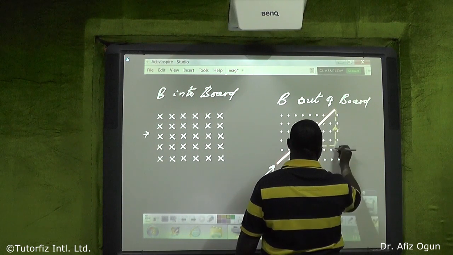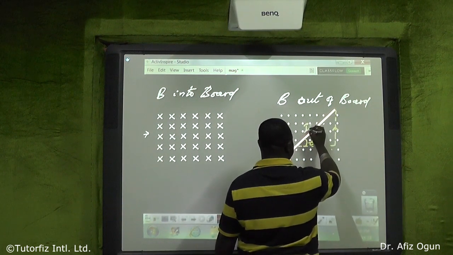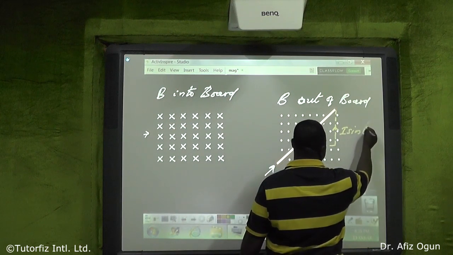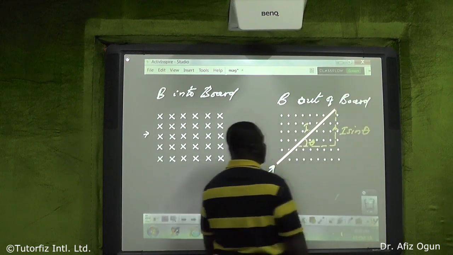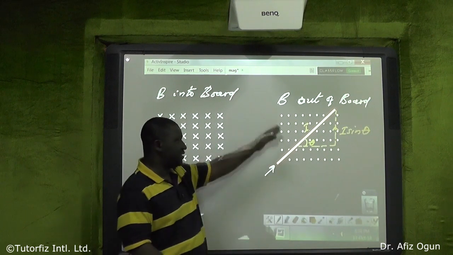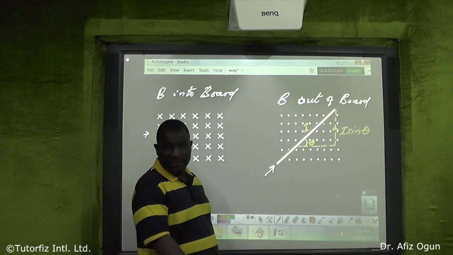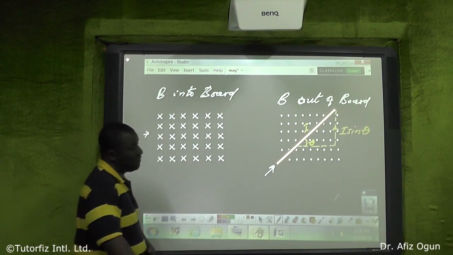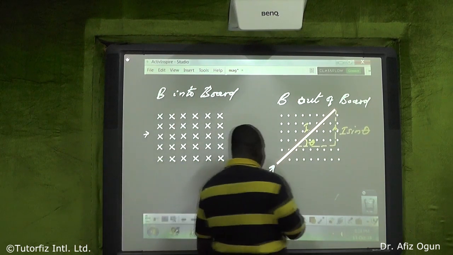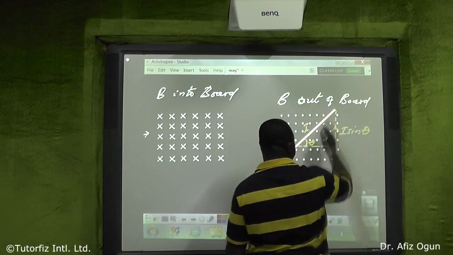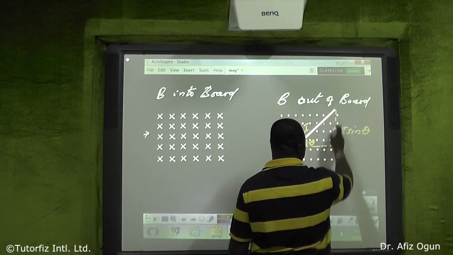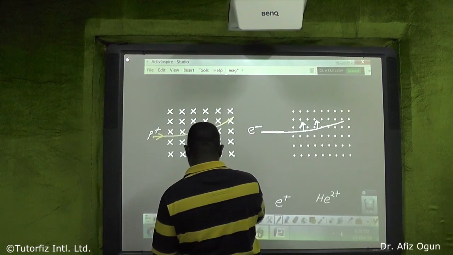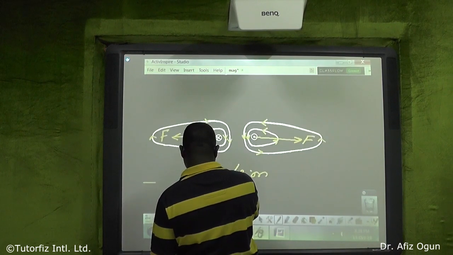If this is I, this will be I sine theta. I is flowing through that. So instead of BIL, we have L sine theta, the perpendicular component of the length. So we now have BIL sine theta.